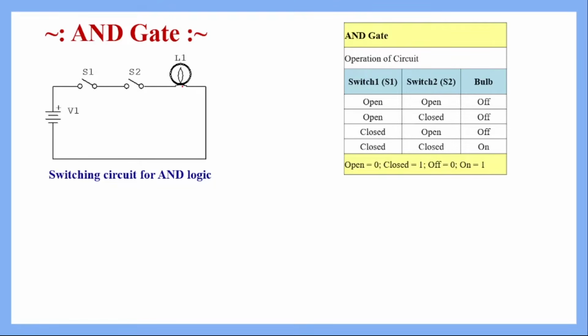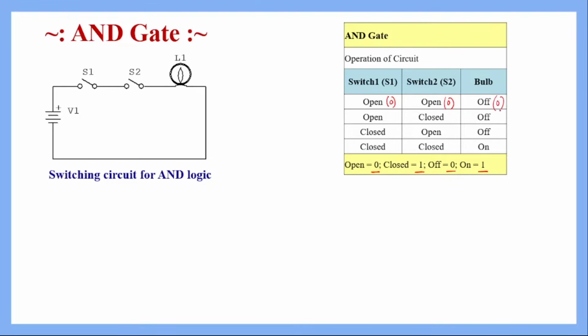Now again, if we map the relationship between these switches and the bulb, opening of a switch is mapped with logical 0 and closing as 1, and glowing of the bulb is mapped with logical 1, and when the bulb remains off, it is mapped with logical 0. So when both the switches are open, that means 0 and 0, then the bulb will remain off.